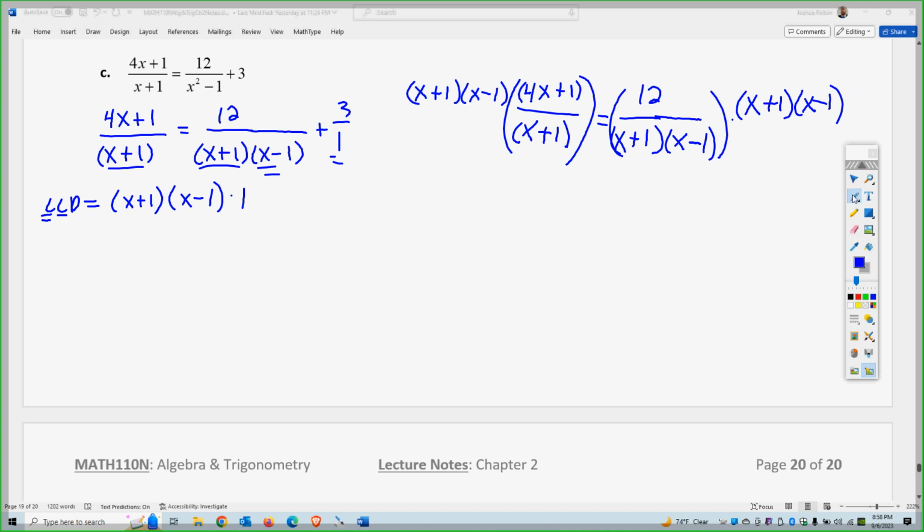Okay, so on the left-hand side, we get x plus 1, x minus 1, 4x plus 1 over x plus 1. Oh, we forgot the plus 3. Crap.